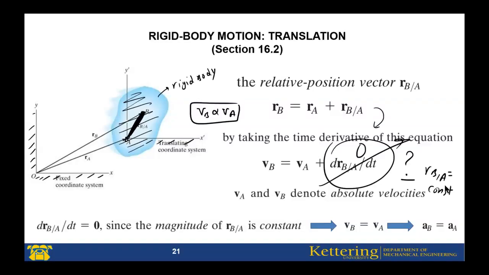All of you have the same velocity and same acceleration. If you do not have the same velocity and acceleration, what happens? One of you jumps from the window. Okay, now what we found here for translational motion of a rigid body is that the velocity of any points is equal, and their acceleration will also be equal. This is the conclusion.